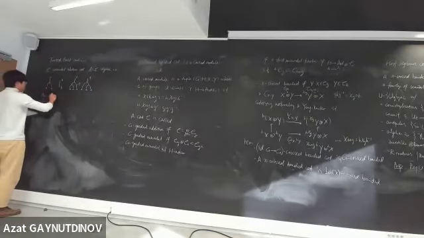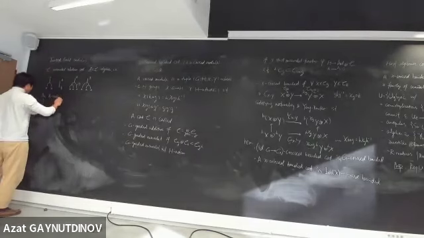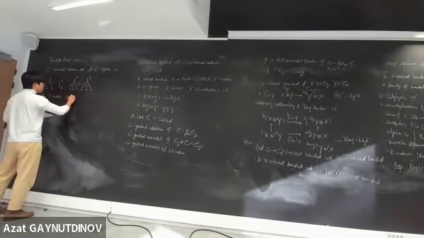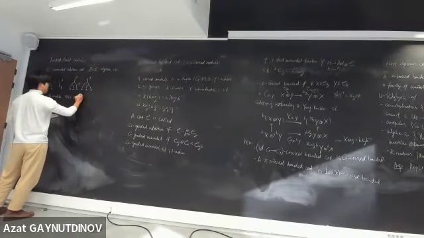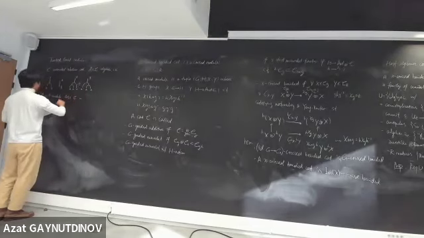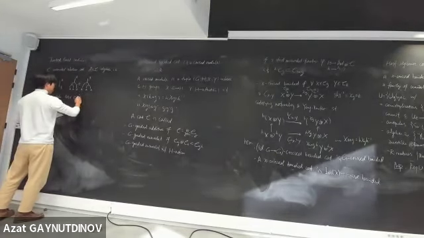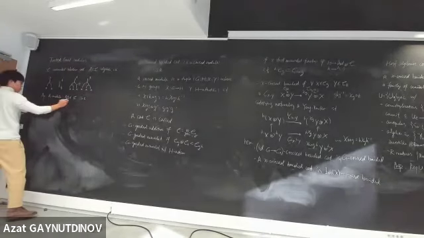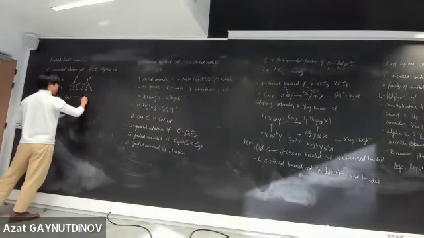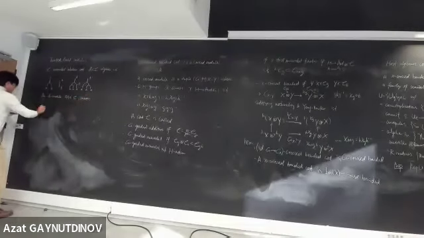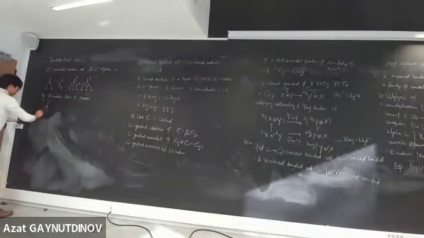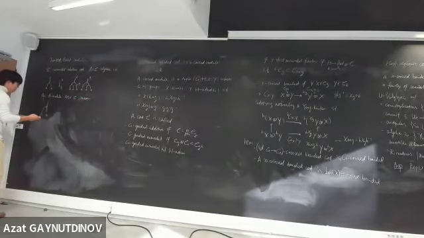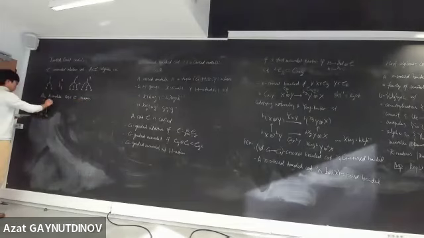And what is an A module in C? It's an object, an A module M in C. So we draw diagrams. We have a morphism from A tensor M to M itself.